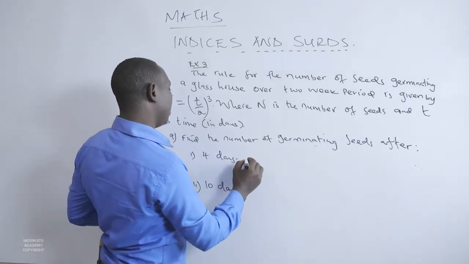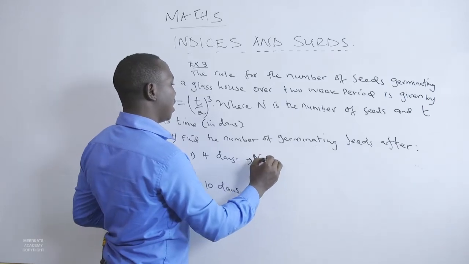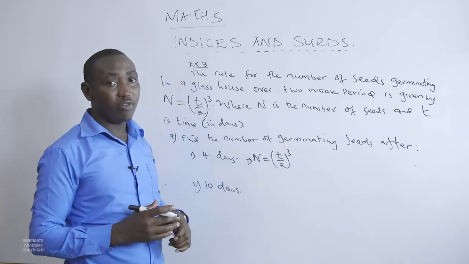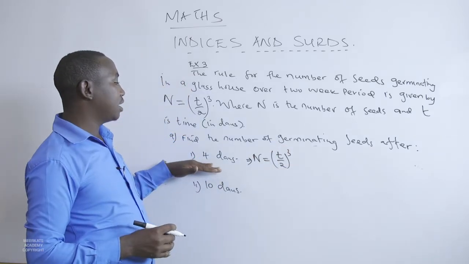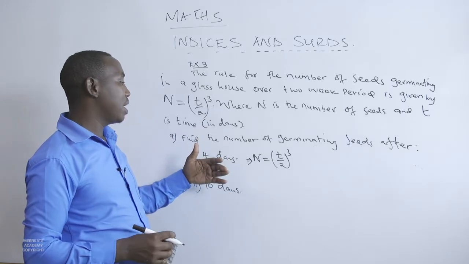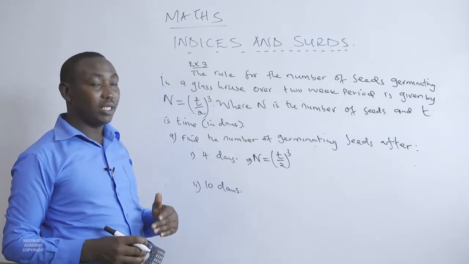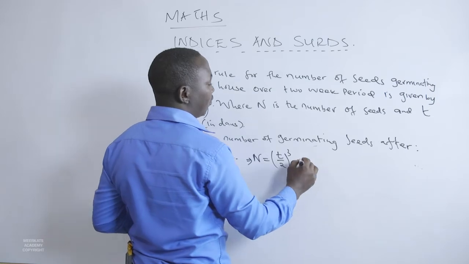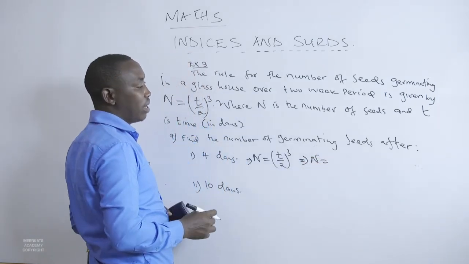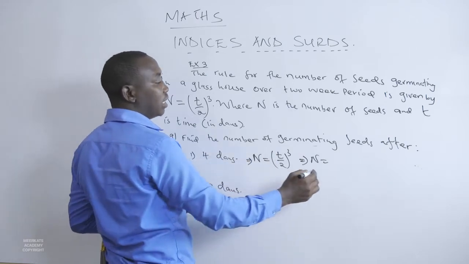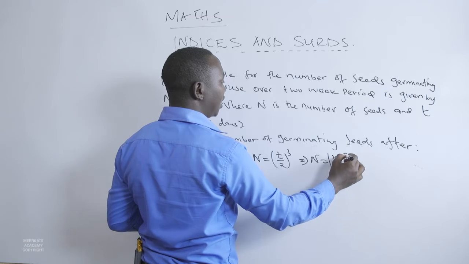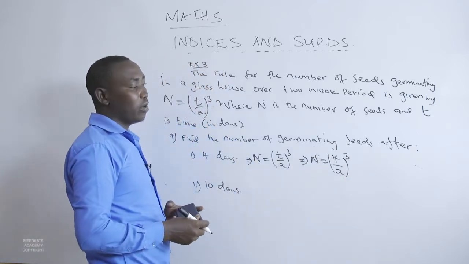Now, we have said that the rule is n is equal to t over 2 raised to the power of 3. Now you have been told that t is 4, where t, we know, represents the number of days or time in days. So this will tell us that the number n of the seedlings will be equal to, where there is t we replace with 4, all over 2, the whole of it raised to the power of 3.